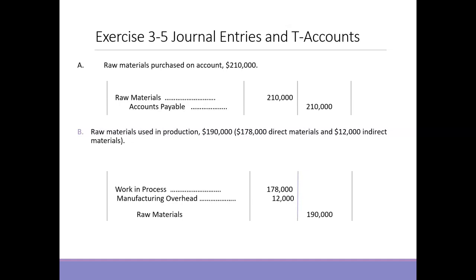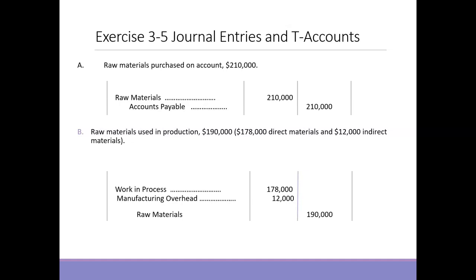Then they requisitioned $190,000 of raw materials. Now they're real clear to say 178,000 of those were direct materials, which went directly to specific jobs.